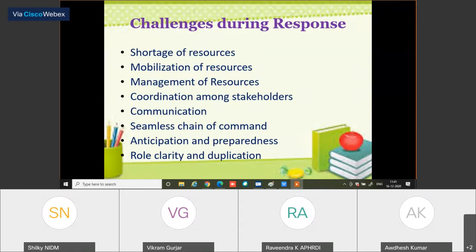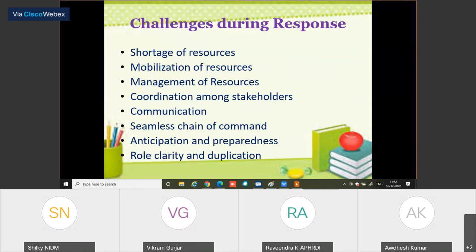So IRS, we can say, is the modified or indigenous version of the ICS model, which has been modified to Indian conditions and Indian situations. Then it came out as IRS.